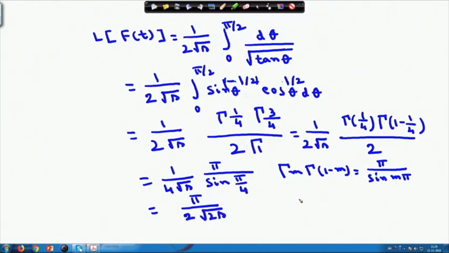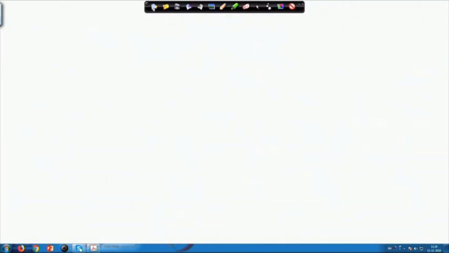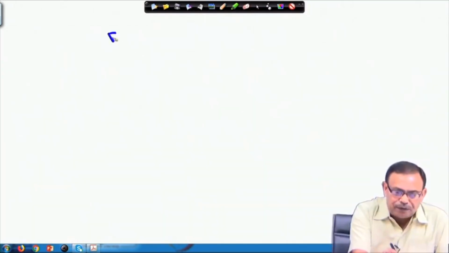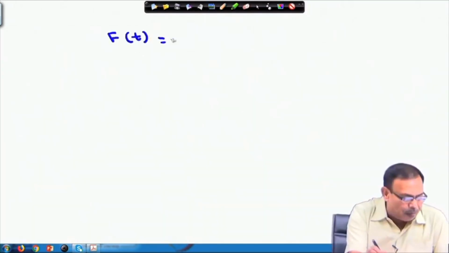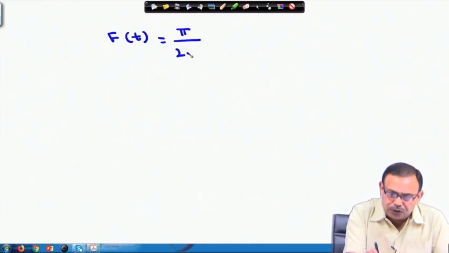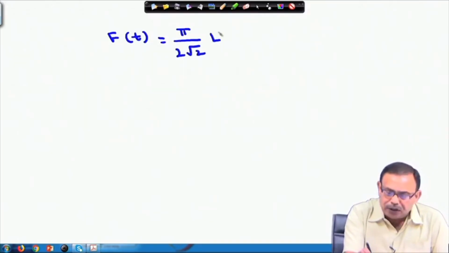So, what are you getting? The Laplace transform of f(t) equals pi by 2 root 2s. So, f(t) will be the Laplace inverse of pi by 2 into root over 2s. So, next let us write down f(t) equals pi by 2 root 2, this will come outside, times the Laplace inverse of 1 by root s.